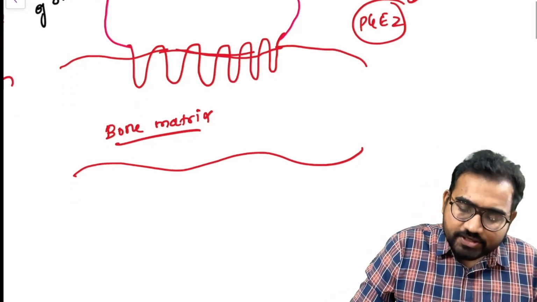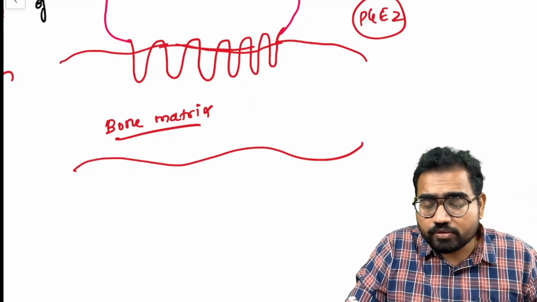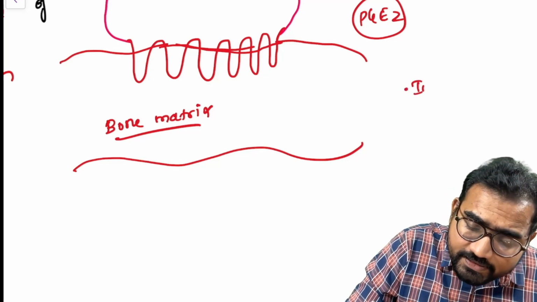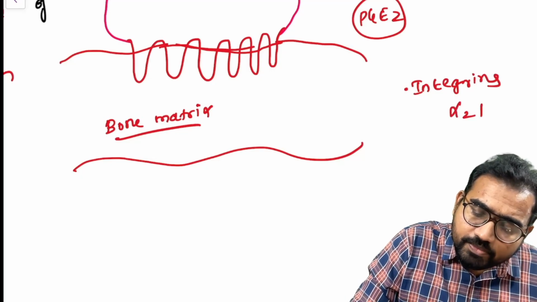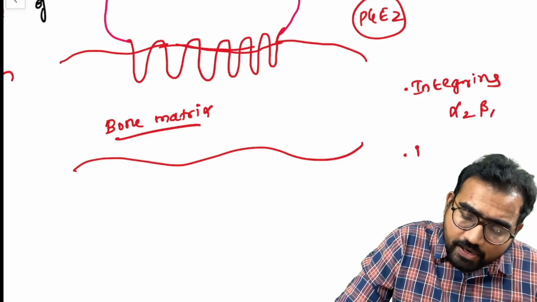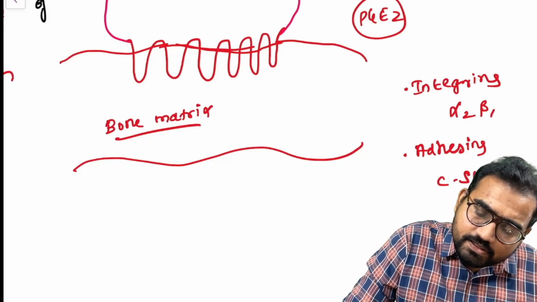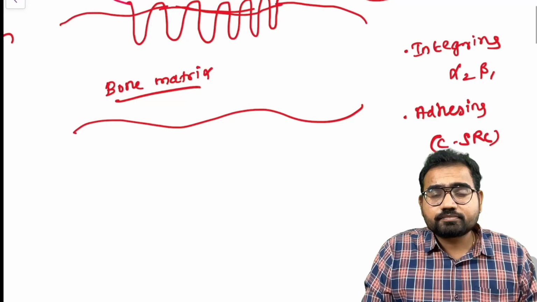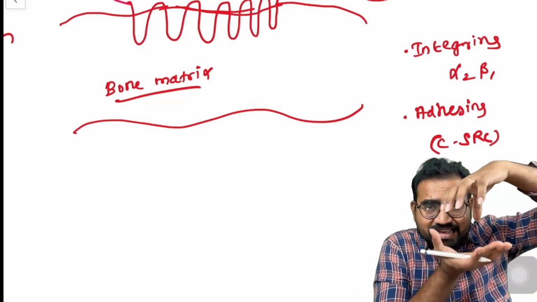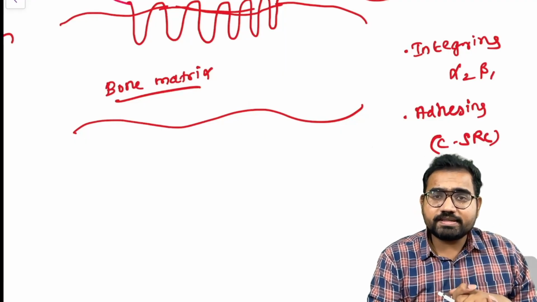This adhesion is by integrins, alpha 2 beta 1 integrins, and some additional molecules like c-Src. With the help of these, the osteoclast attaches itself to the bone.